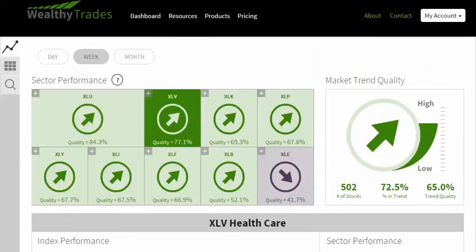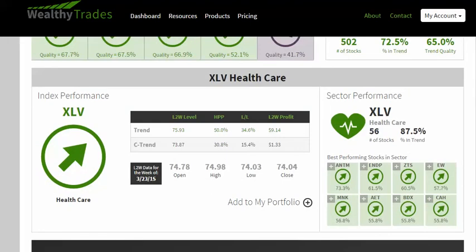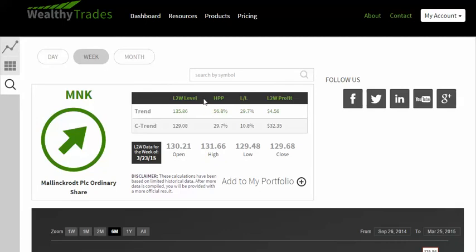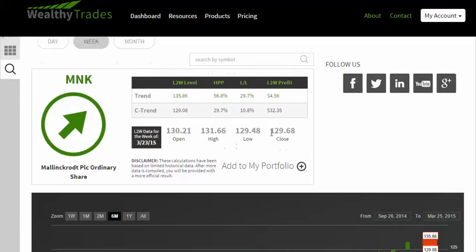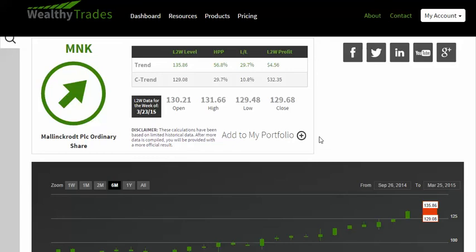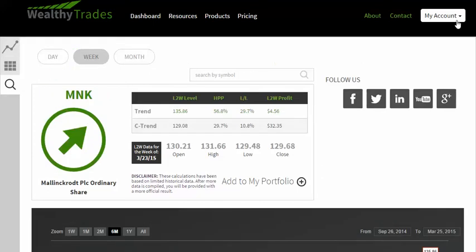So we went into the next best sector, which is the healthcare sector, and we found the best stock in the healthcare sector for the weekly basis, which is MNK. So we are long MNK right now. MNK has an expected upside of 135.86, which I'm going to add to if it gets up there. It has an expected downside of 129.08, and I'm going to add to that if it gets down there.